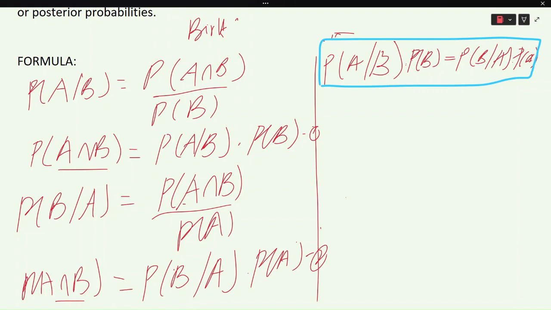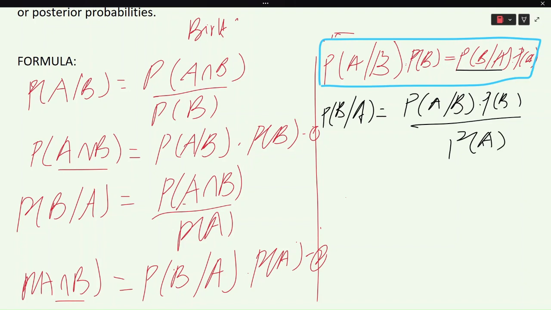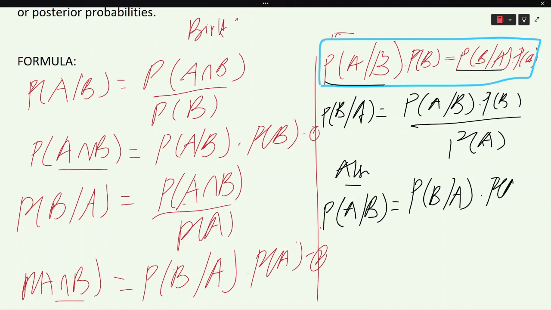We make the probability of B given A equal to the probability of A given B multiplied by the probability of B, divided by the probability of A. These ones are totals, take note, they are total probabilities.